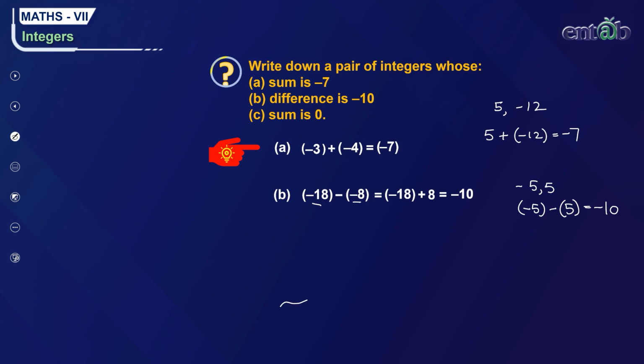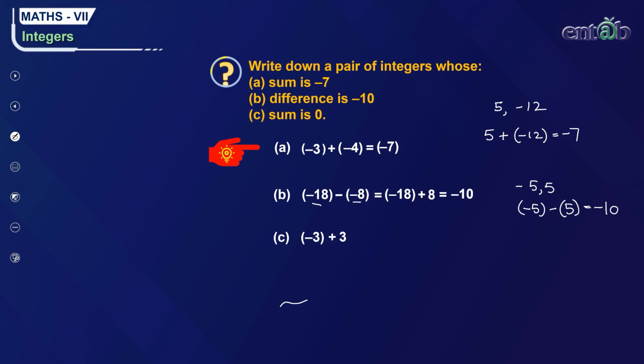A pair of integers whose sum is 0. We know that any integer added to its additive inverse gives the sum as 0. And there are infinite pairs of integers who are additive inverses of each other. So, let's look at one such example.